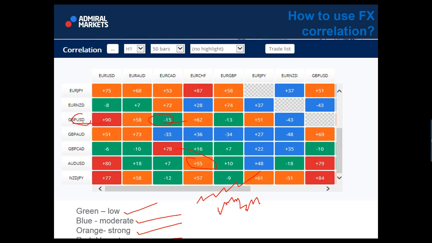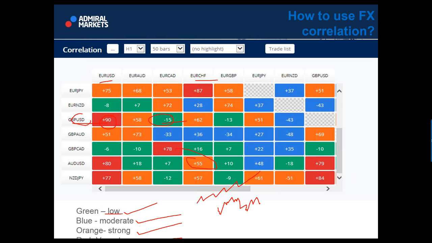But what if I open position on GBP dollar and Euro Swissy? They are moving in the same direction most of the time. Look, plus 90, okay, this is with Euro dollar. It's totally strong correlation with Euro dollar. So that is why I avoid opening GBP dollar and Euro dollar position at the same time, because I would be double exposed to dollar currency if I do that. But if I open GBP dollar with Euro CAD, I only have minus 15.